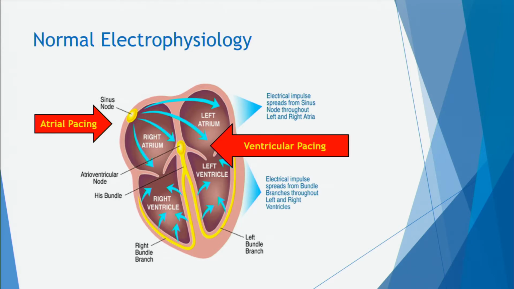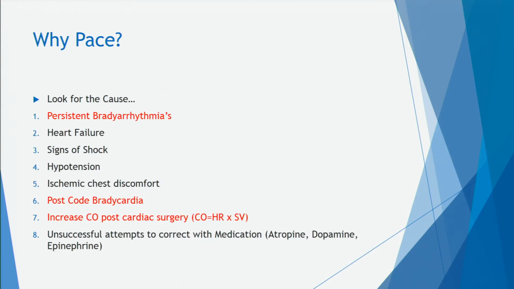So you can imagine that's going to be sort of an abnormal activation, an electrical shock. So we'll talk a little bit about that. This is why you would pace, some of the reasons why you would pace. So persistent bradyarrhythmias, which would probably be this classification of patients, they're going to need to be paced for that reason, or post-cardiac surgery.